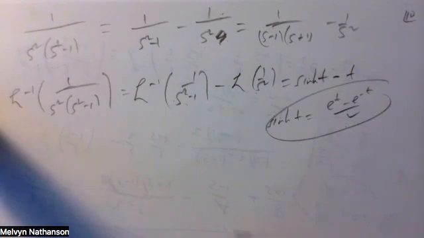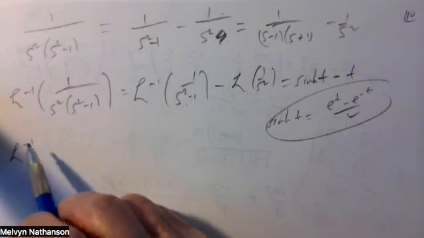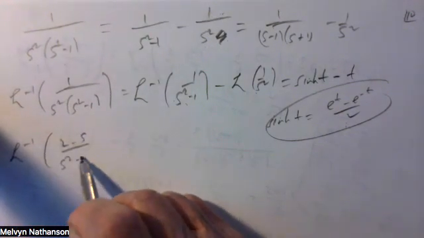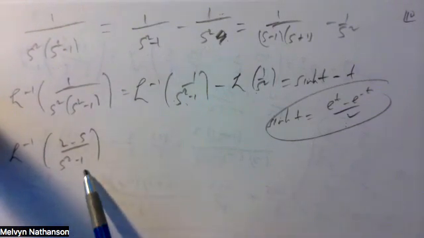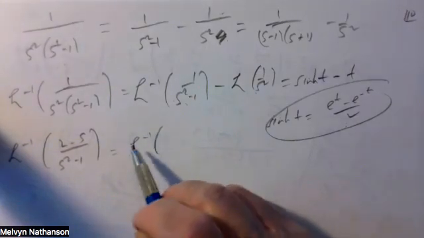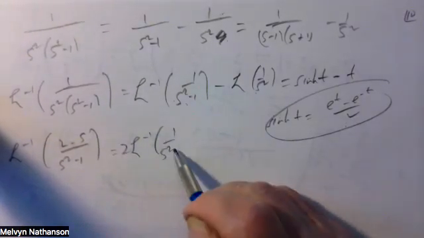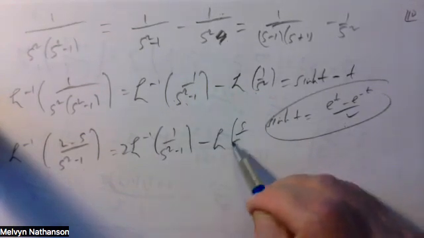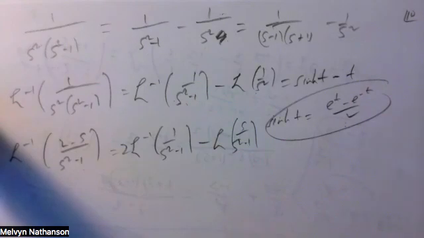I could have made my life slightly easier by writing 2 minus s over s squared minus 1. I worked this out using partial fractions, but I could also do it like this. This is the inverse Laplace transform of 2 times 1 over s squared minus 1, minus the inverse Laplace transform of s over s squared minus 1.